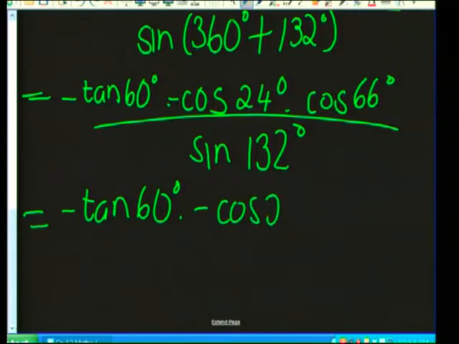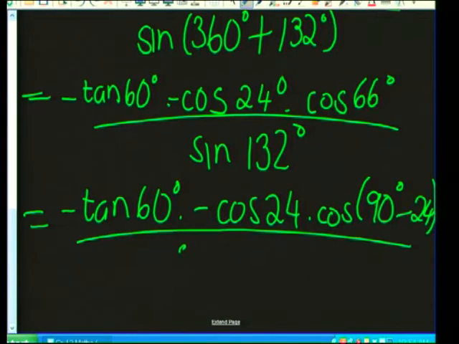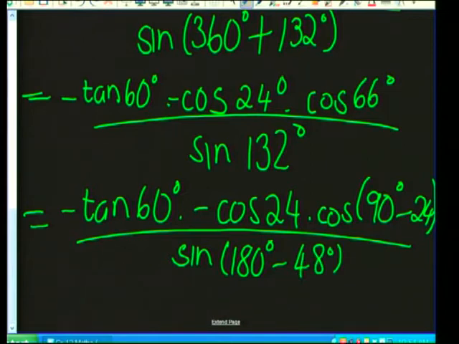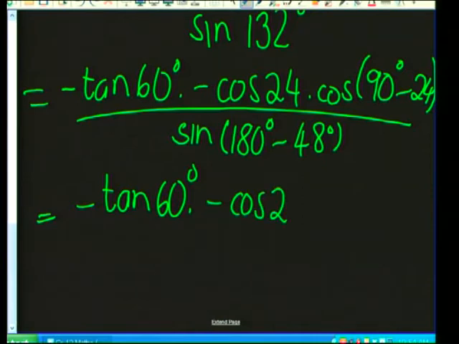Now that's already been done. Now I want to reduce the 66 so that I can actually get a 24 in some way, so at least I'm getting closer and closer to my answer. So there we could use 90 degrees minus 24. And we can also reduce that one to be 180 degrees minus 48. That becomes negative tan 60 degrees minus cos 24.